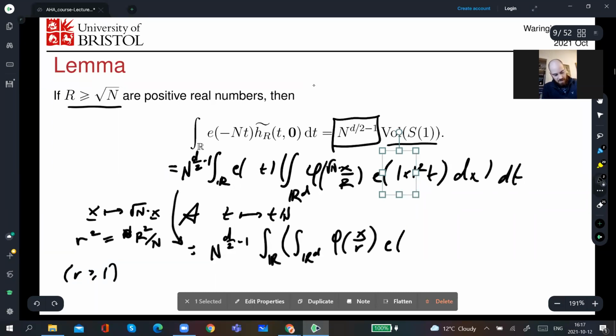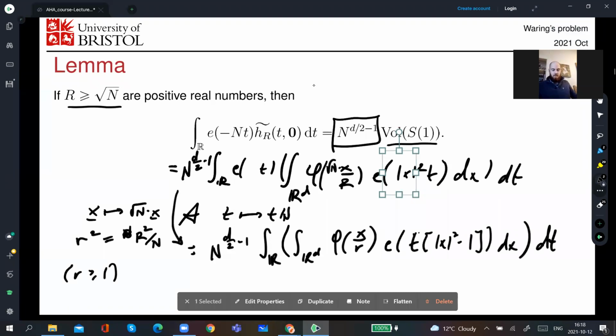And then I have e of t times x squared minus 1. That's with respect to dx and then dt. Okay. Hopefully that's clear. That's just changes of variables.